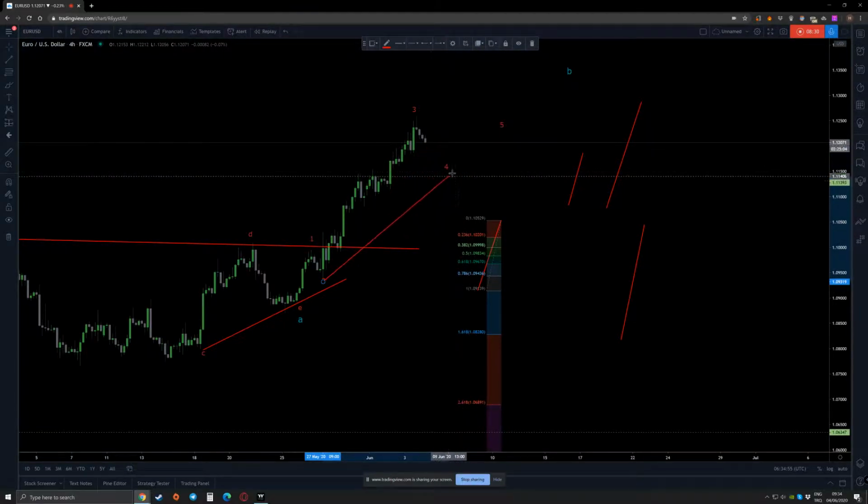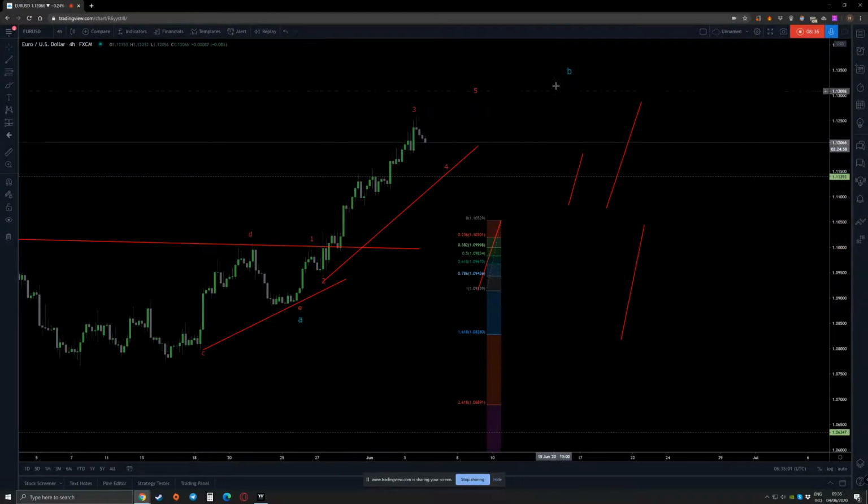Okay, so let's say for example's sake the fourth wave is done here, and then we will have a fifth wave. Now, because we don't know if we are in a wave A or B or C, whatever, we don't have any idea, we should always write down the possibilities.